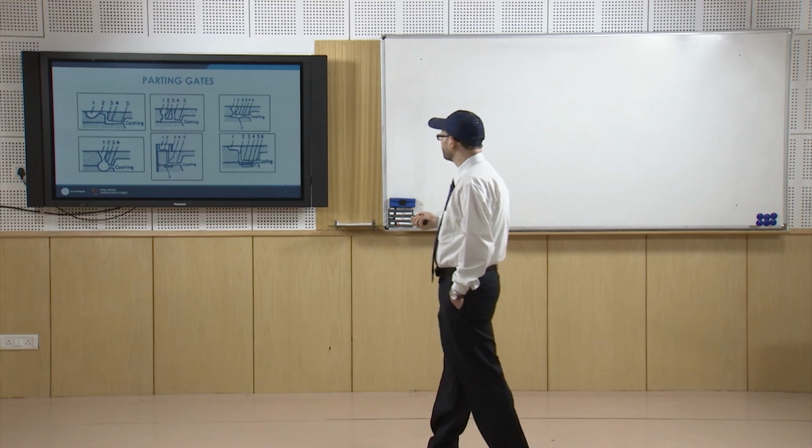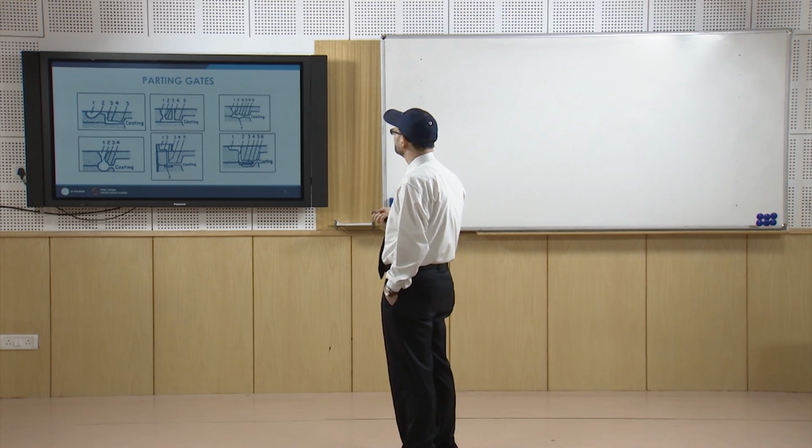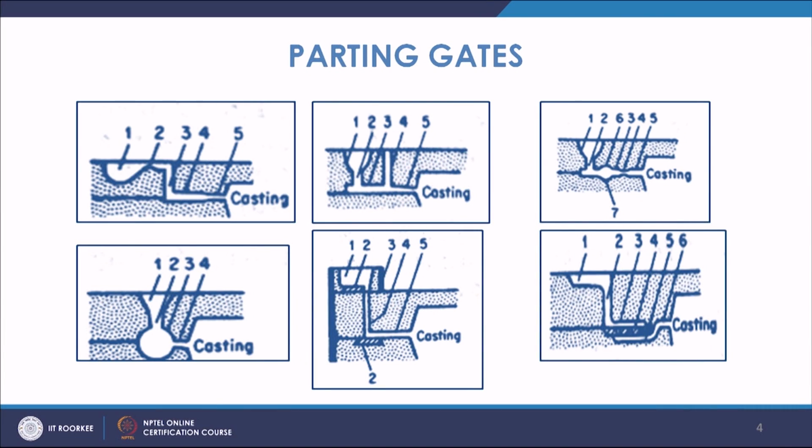If there is undue pressure increase in this zone, the pressure is relieved at this point, and it will also try to float out inclusions that are lighter than the metal. So, when the molten metal stream flows like this, the lighter inclusions like oxides will come and get trapped here and go inside.